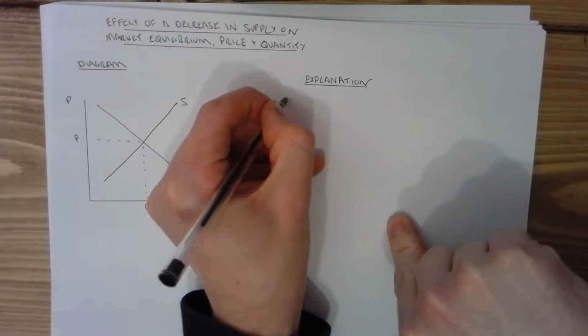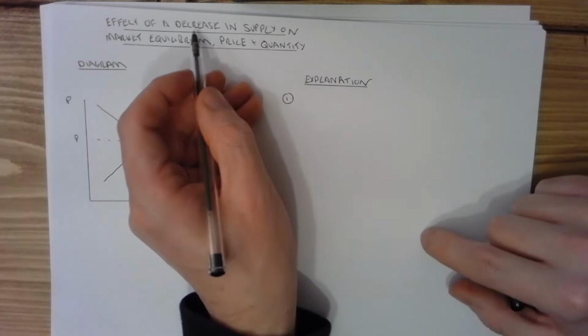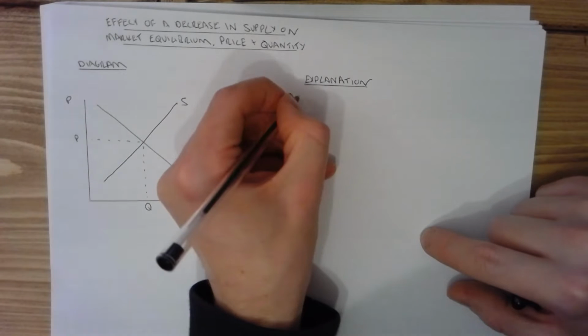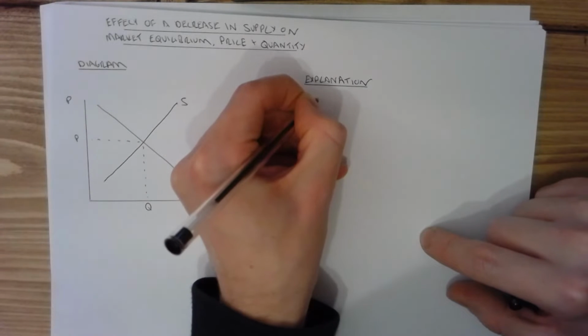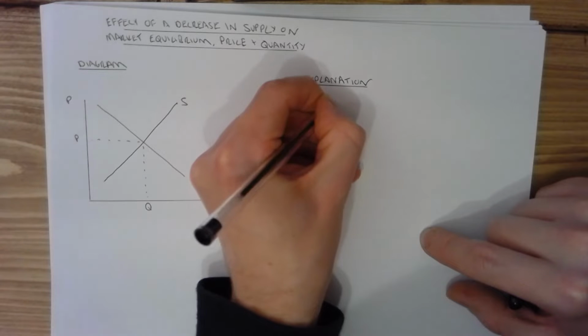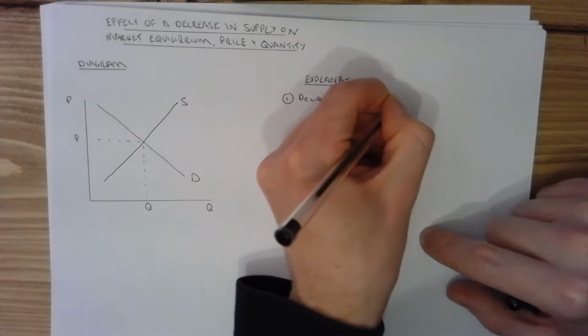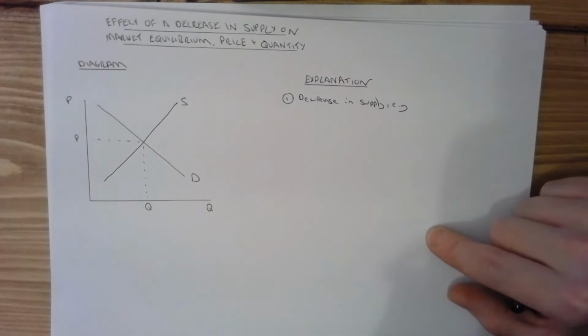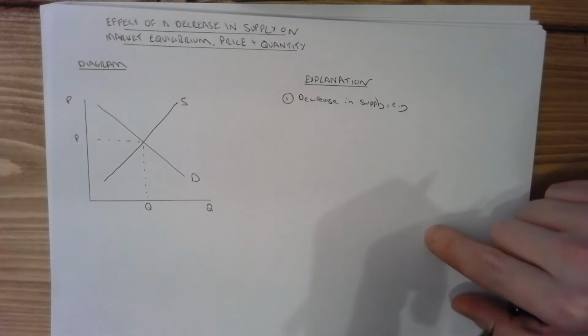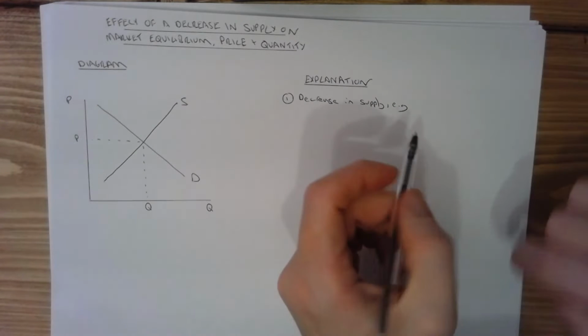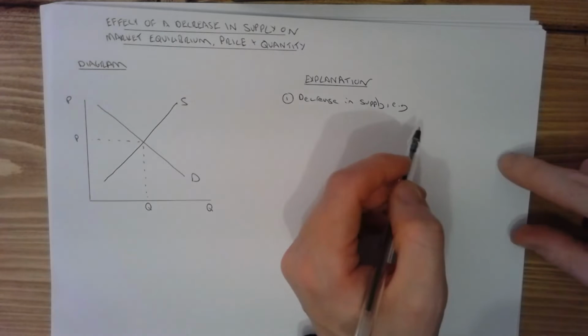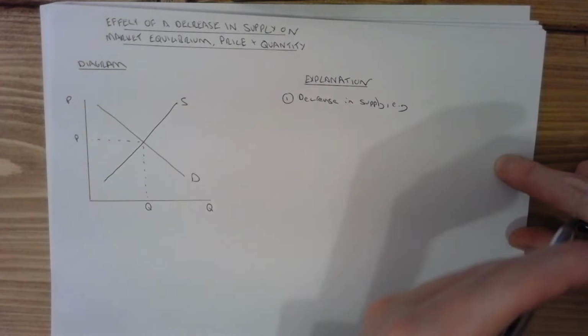The first point in my written explanation is there must be some factor that's leading to this decrease in supply. Now there are many factors that can lead to a decrease in supply, and in a previous video I've covered them in more detail. I'm going to use one here as an example, perhaps the most important, which is changing production costs.